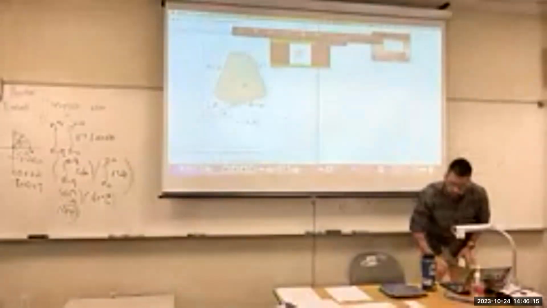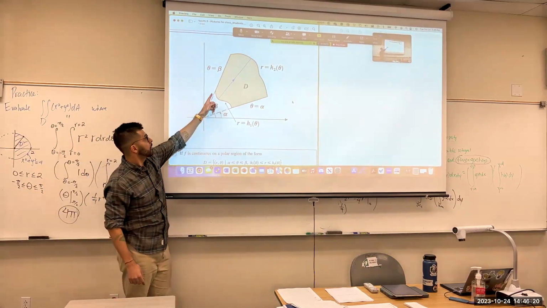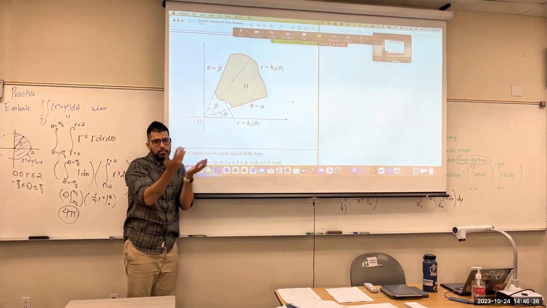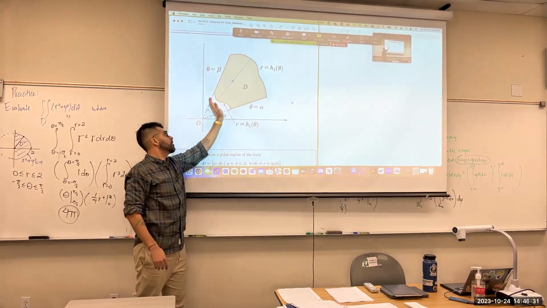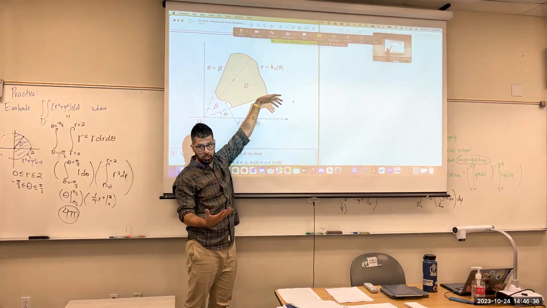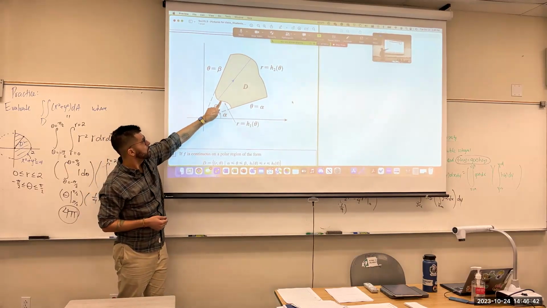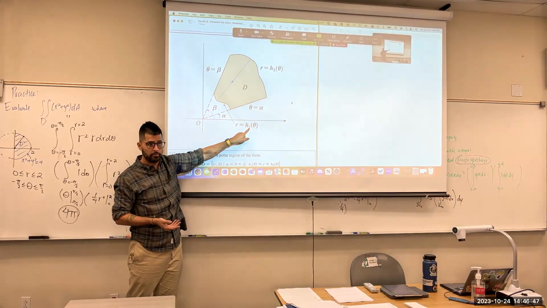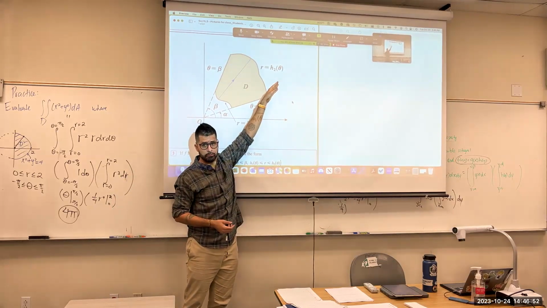The reason these were always scalars was because my bounds for R were always perfect circular arcs. But that's not always the case, right? I can have a region where my lower bound for R is some other non-circular curve, and another non-circular curve. It could be polar curves, like what we were doing on the warm-up. So I can have R be bounded below by some polar curve expressed as a function of theta.